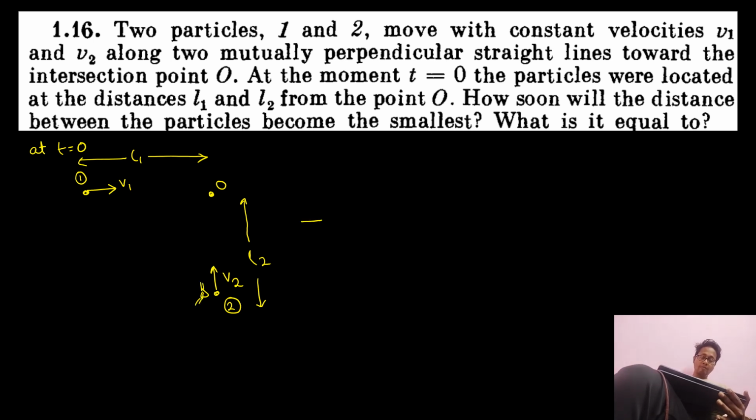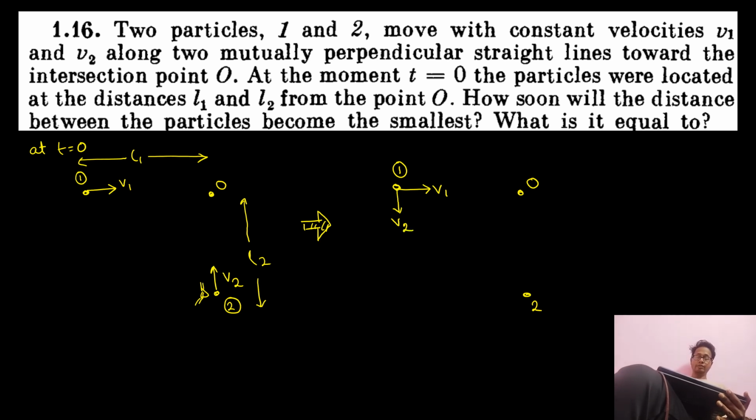So how does the problem translate? The problem gets translated into this: this is point O, this is particle 2, and it is observing particle 1 moving with velocity v1, and v2. See, this particle had v2, so when I translate this into the frame of reference of 1, this body will see this body moving with velocity v2 in this direction, because of relative motion.